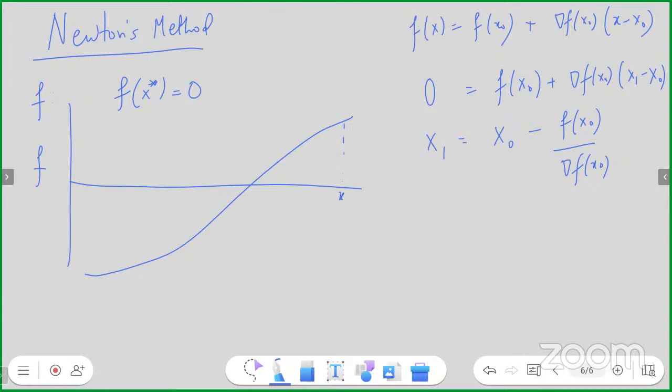What are the difficulties you're likely to face executing such an algorithm? If the slope is zero at some point, then zero is definitely a problem. Even if it's very small, you can be in trouble, right? So that's one of the problems. What else might be problematic?